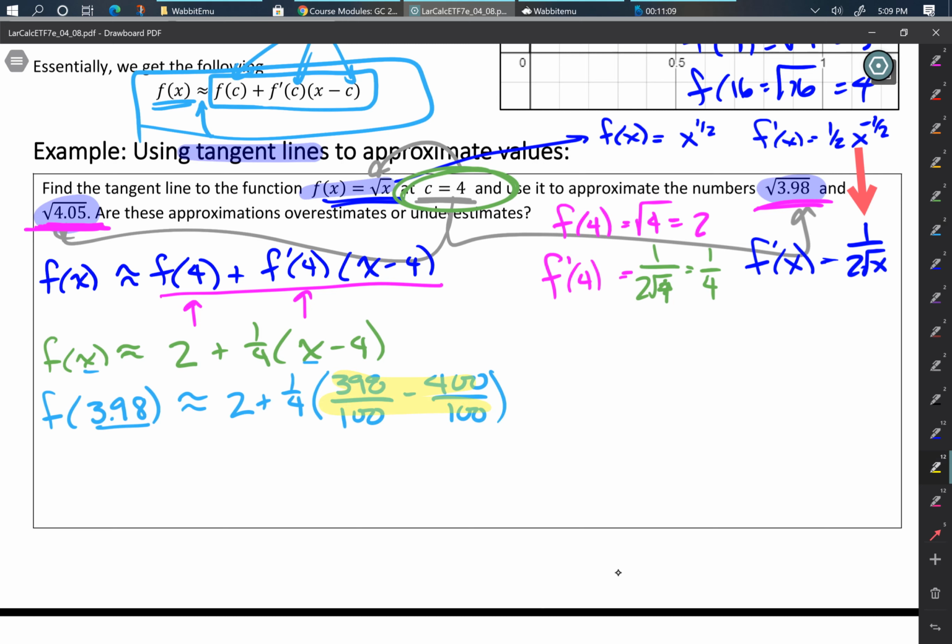I didn't have a calculator, so I wanted to find the square root of 3.98, so I'm going to approximate it by hand. So I'm going to do this entire problem by hand. So then this is approximately 2 plus 1/4 times 398 over 100 minus 400 over 100, which is negative 2 over 100. It's approximately 2 plus, that's 1 over 50.